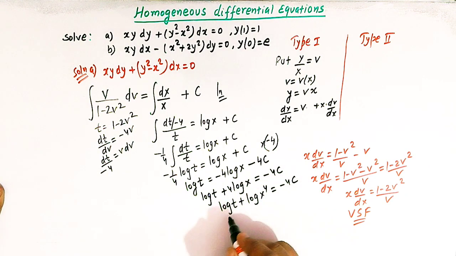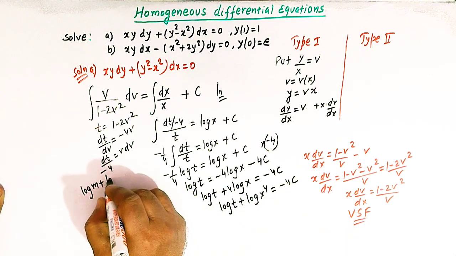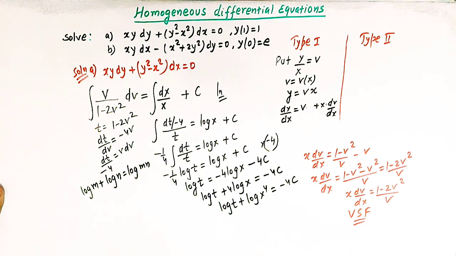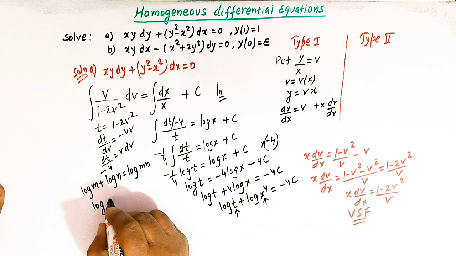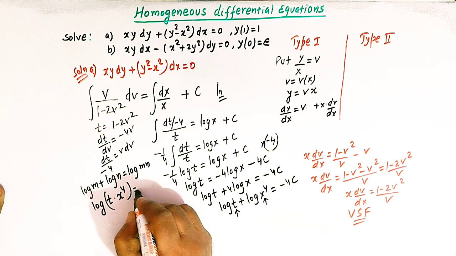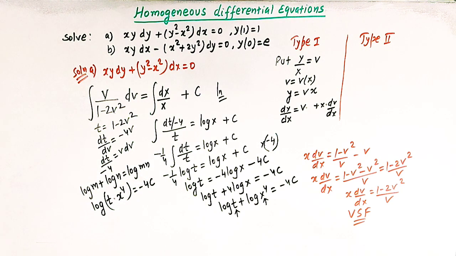So now using again the properties of log, we have log m plus log n is equal to log of m times n. So here m is t, n is x raised to 4. So we have log of t times x raised to 4 is equal to minus 4c, right?